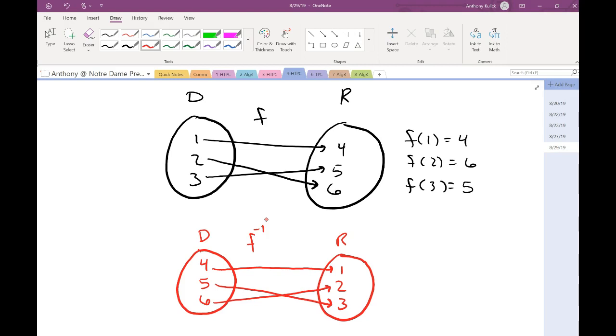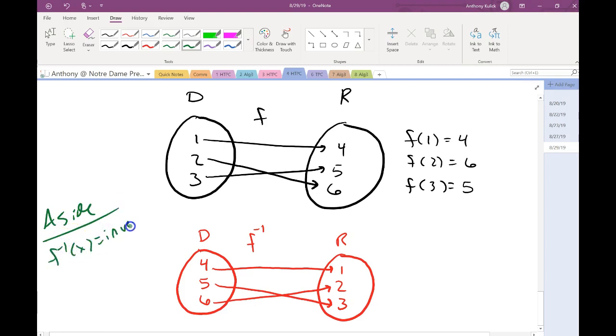Keep in mind that f to the negative 1 does not mean 1 over x or 1 over f. It's not an exponent. Just as a little aside here: f to the negative 1 of x is the inverse. f of x, all to the negative 1, that's the reciprocal.